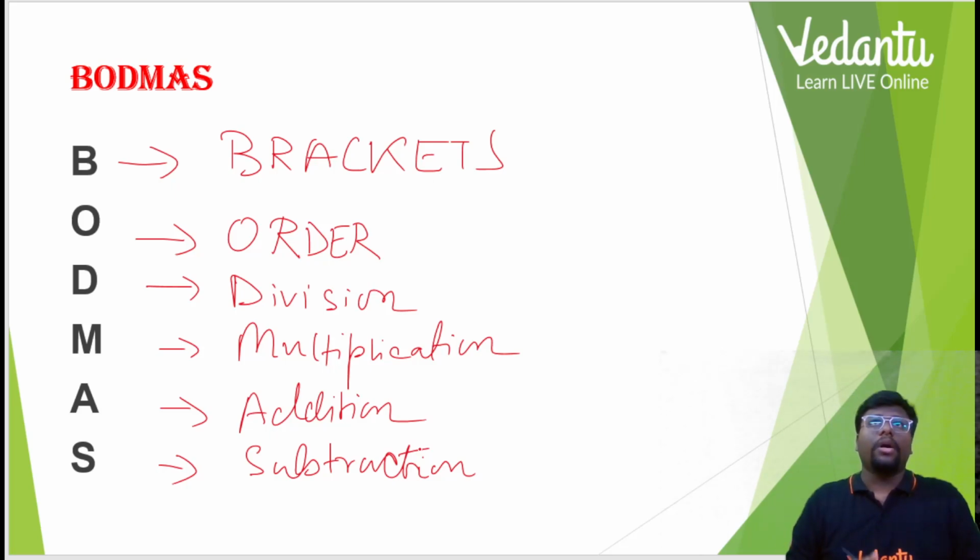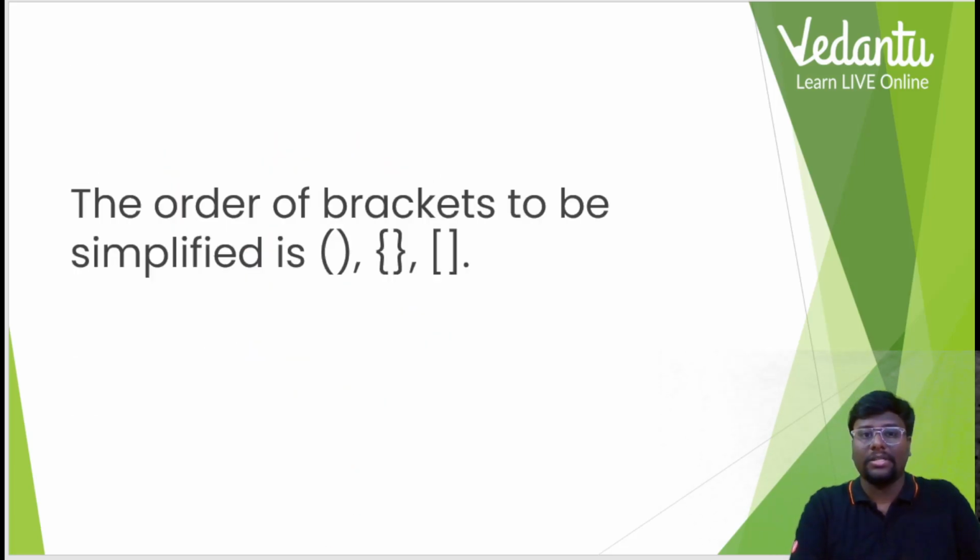Now, I said brackets, and there is more than one kind of bracket. How do we follow that? The order of brackets to be simplified is: the round bracket is the first one, so solve this first. Then comes parenthesis, or curly brackets.